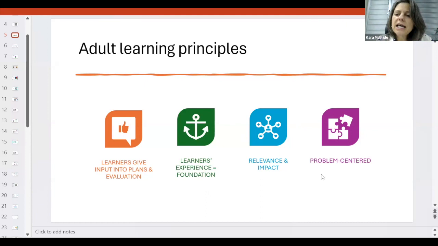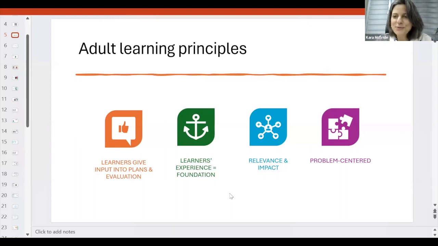All right. And then the last one, it needs to be problem-centered. So we are humans, we are adults, we all have lots of problems. We want to solve our problems. And so when a workshop really connects to the problems that your learners are experiencing, then it's more likely to be successful.